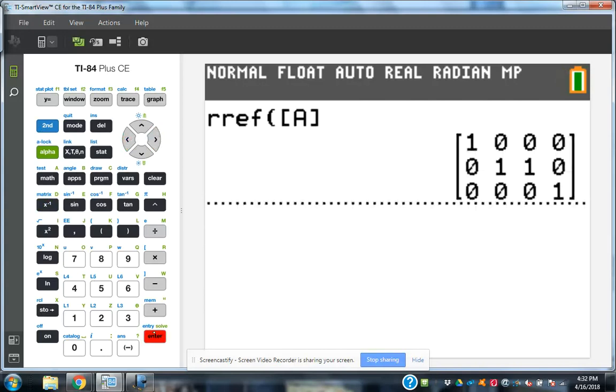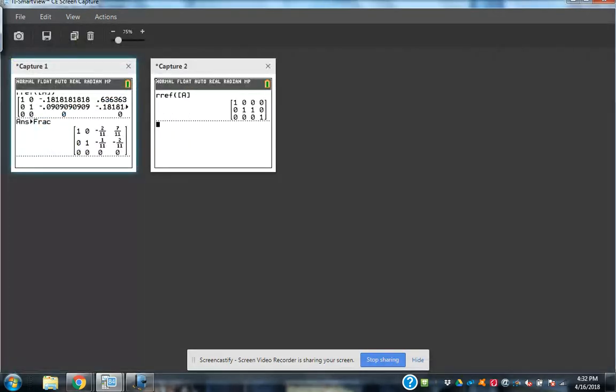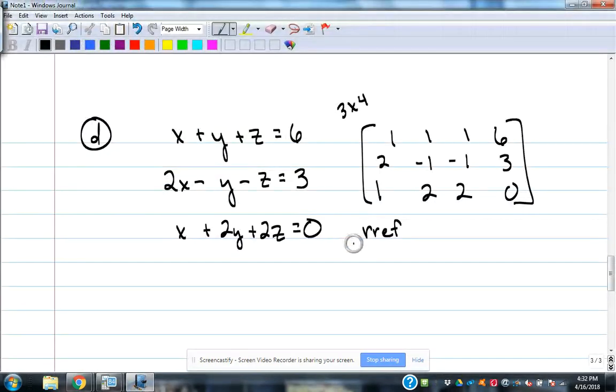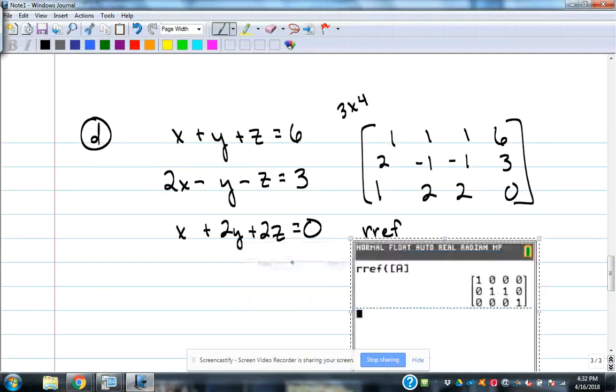Hit enter. Ugh. What's wrong with that bottom row? It doesn't look like the right thing. It's got zeros except for the last spot. So when that's the case, what this says is 0x plus 0y plus 0z is equal to 1.